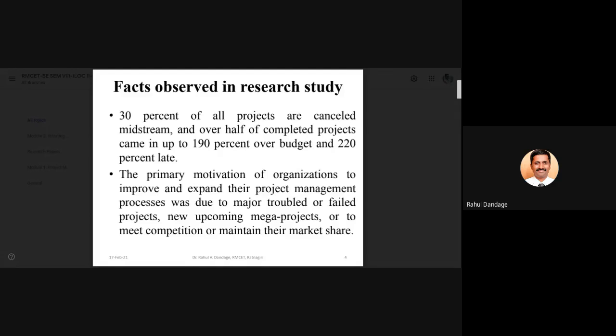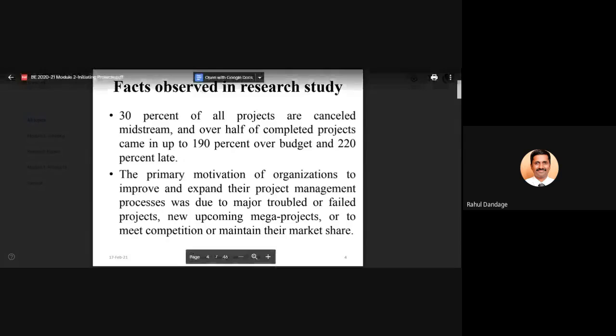Because of major troubled or failed projects, they may be coming up with new mega projects, or they wish to stay in the market, keep their market share as it is or improve it, or compete with their competitors. So these are some of the facts which have been observed through research.